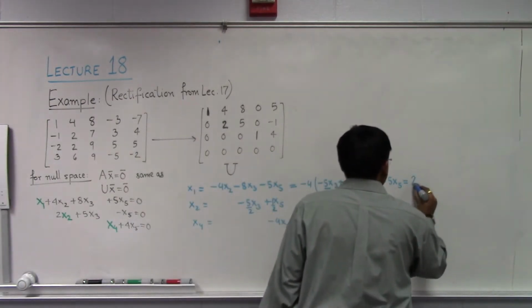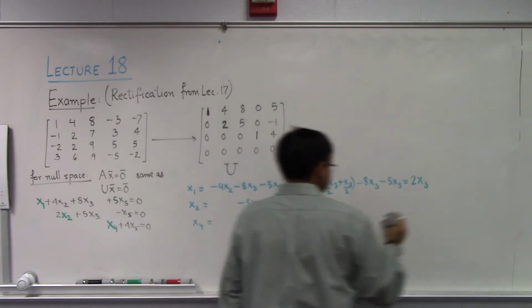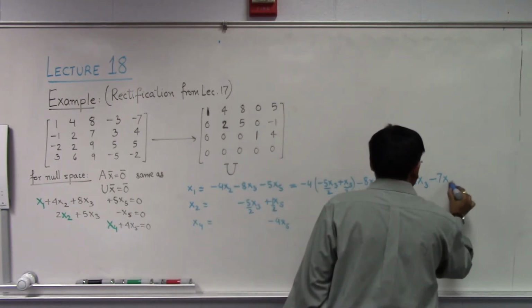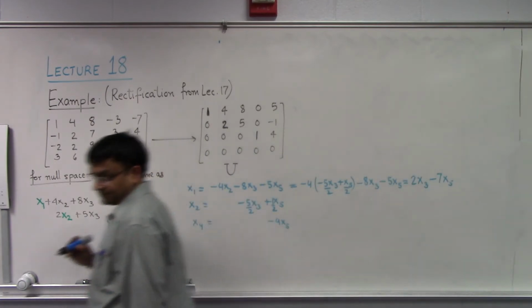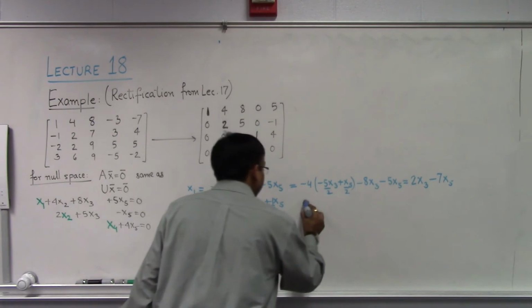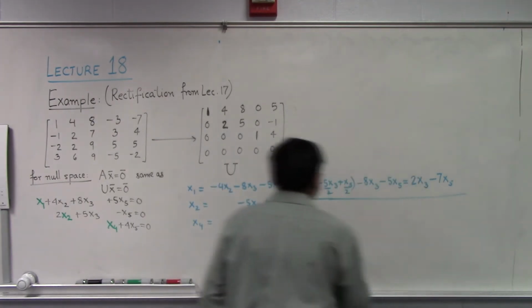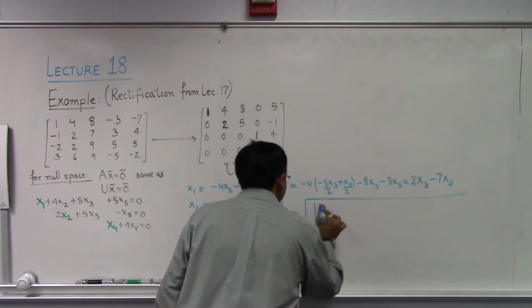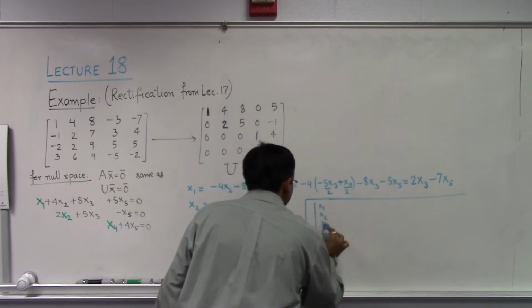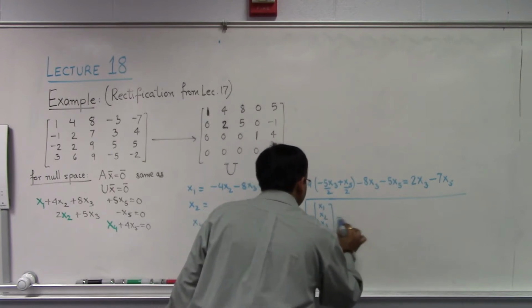This will give me 2x3 and this will give me minus 7x5. Okay. Now we can go with the solution. How will the solution set look like? Let's see. Any solution for this system will look something like this.